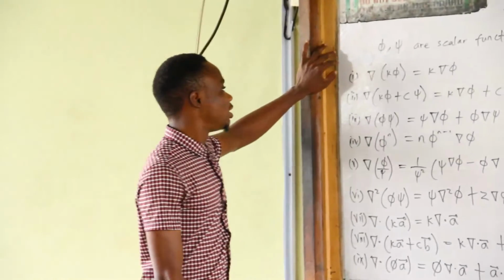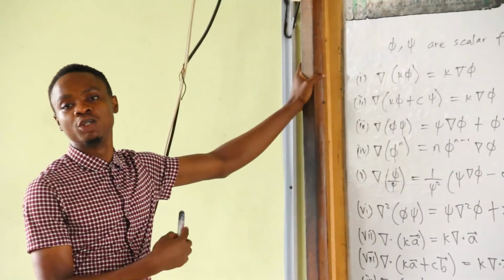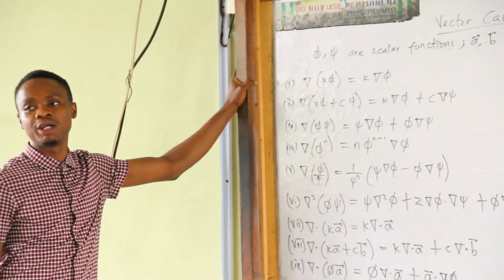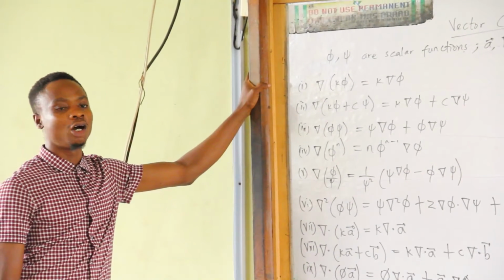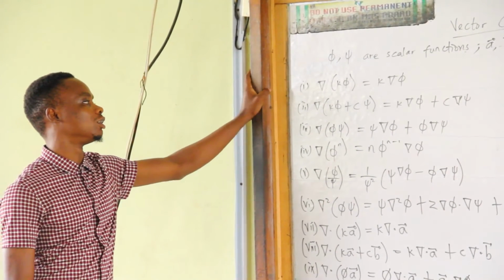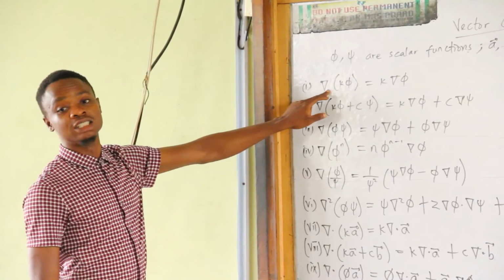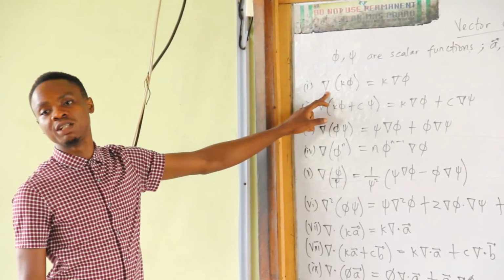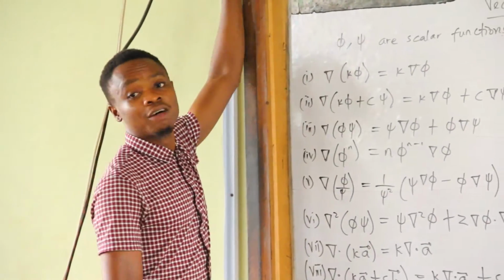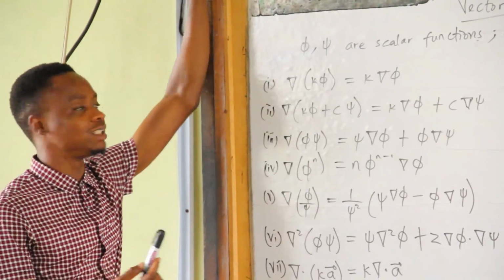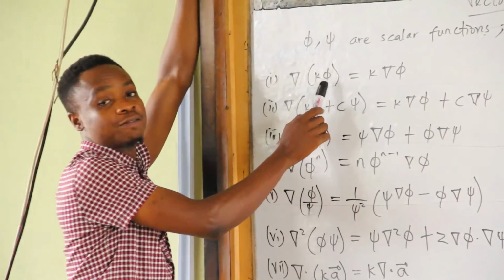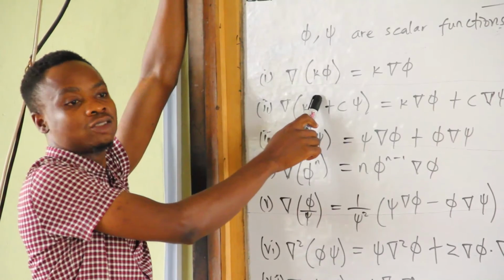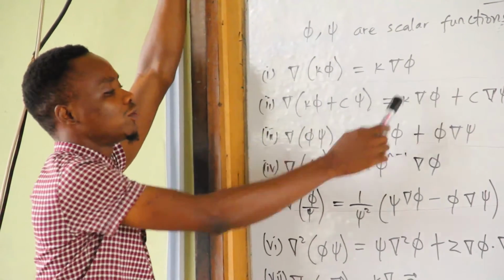All these actually follow from your rules of differentiation. Imagine that you have d/dx outside. You want to take the derivative of this function, and this one is a constant. You can move out the constant, so that's exactly what you have here.